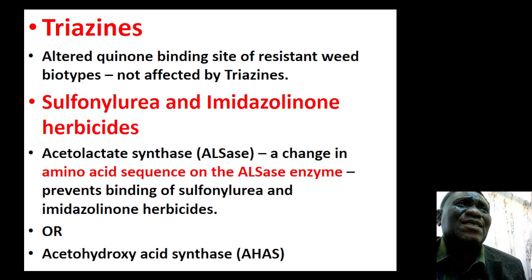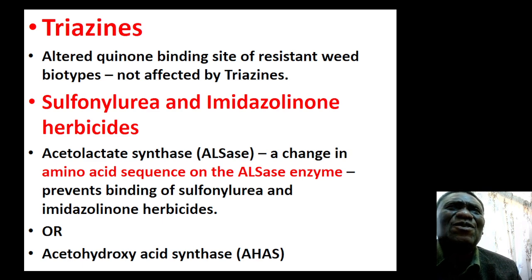For triazines, we have the altered quinone binding site, which can result in resistant weed biotypes which are not affected by triazines. So again, it may not be the type of selectivity which we want.